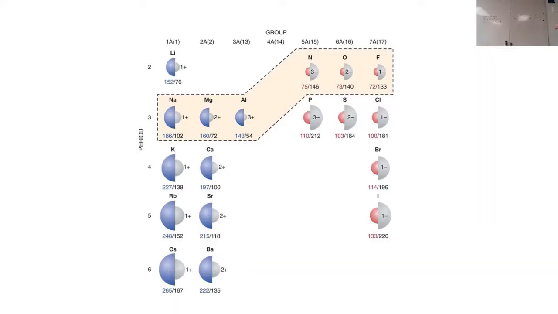So notice though that I'm going from 133 to 140 to 146. There's not a big dramatic change in the size for my negative ones. It does get larger, but it doesn't get a whole lot larger as I add the electrons. Whereas when I went from +1 to +2 to +3, it was a pretty dramatic change.